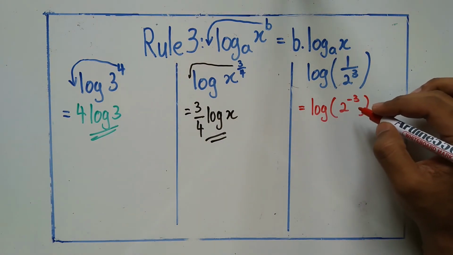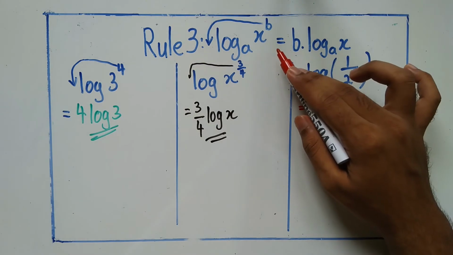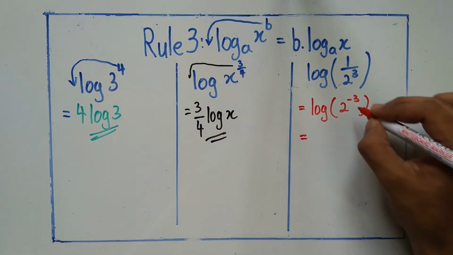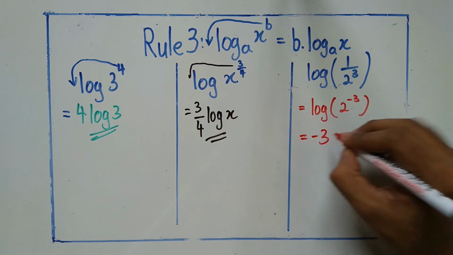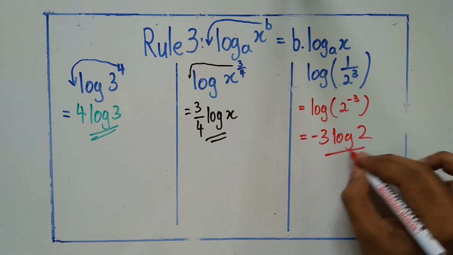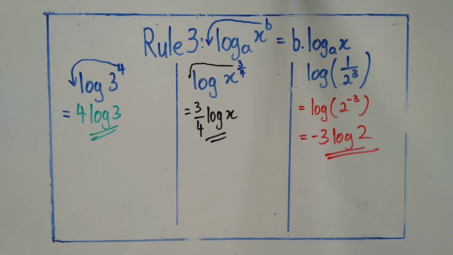Now you can implement the power rule into this equation, which gives negative 3 log 2. You have seen 3 different examples of how we can use the power rule to simplify our equation.